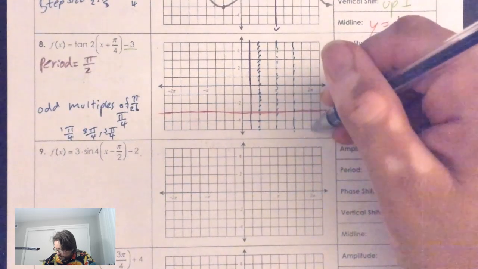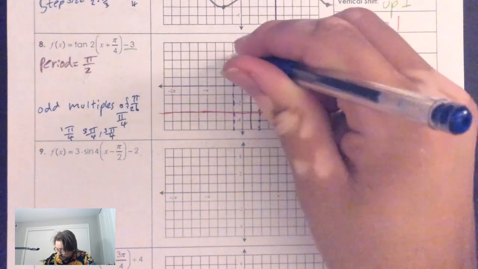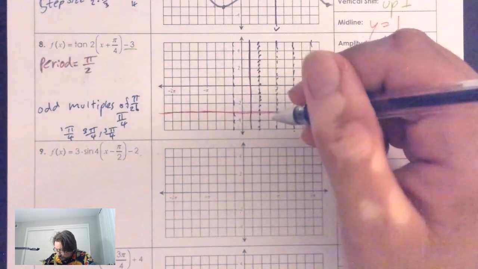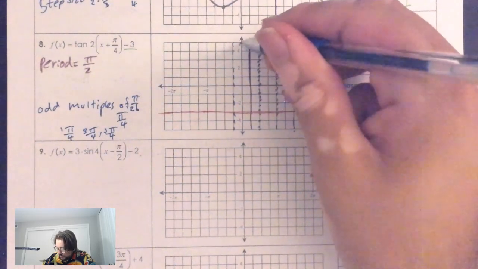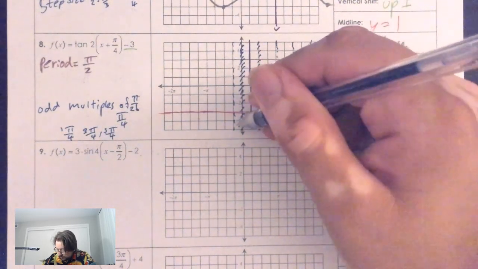5 pi over 4, 7 pi over 4, negative 1 pi over 4. Oh, whoops, that's not negative 1 pi over 4. This is negative 1 pi over 4. Ignore this.